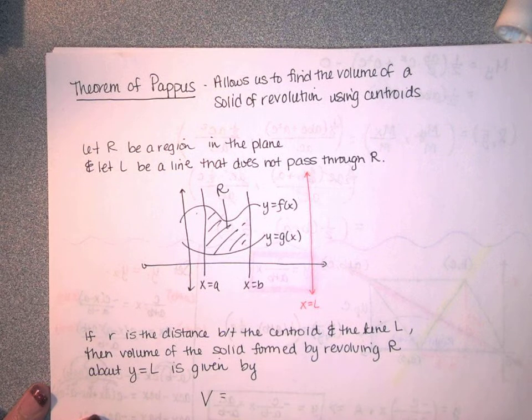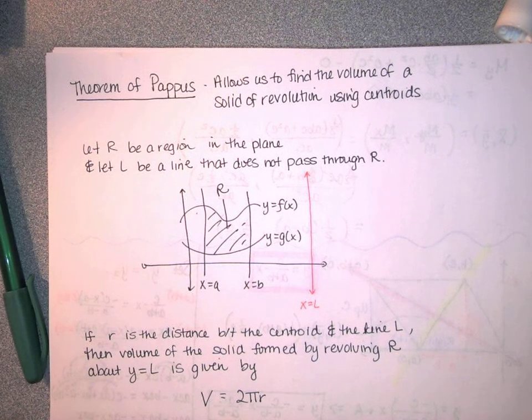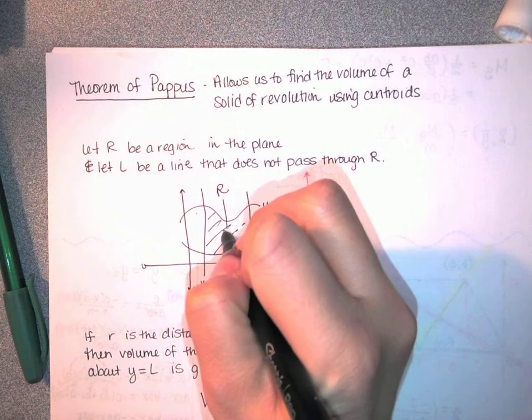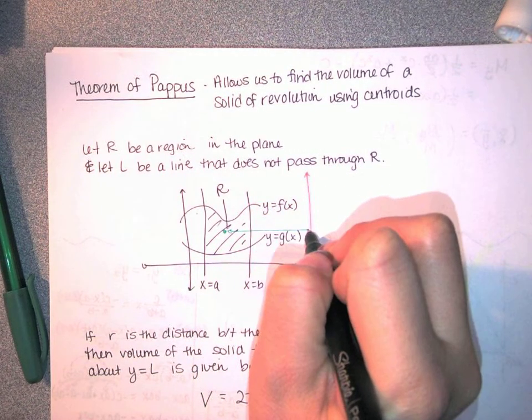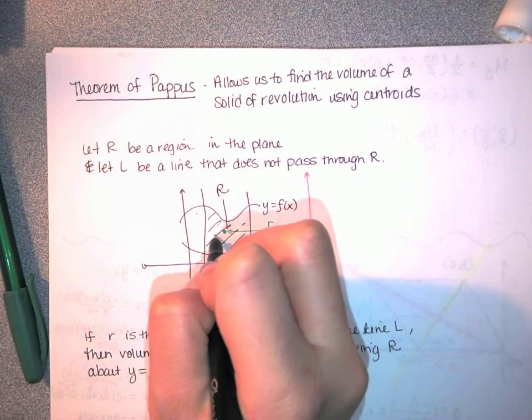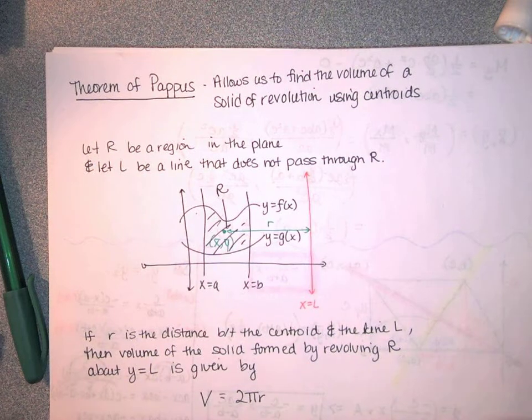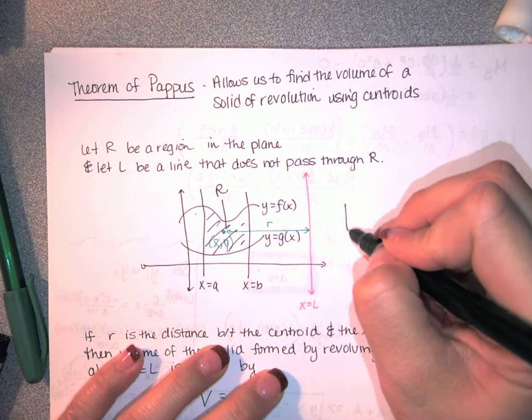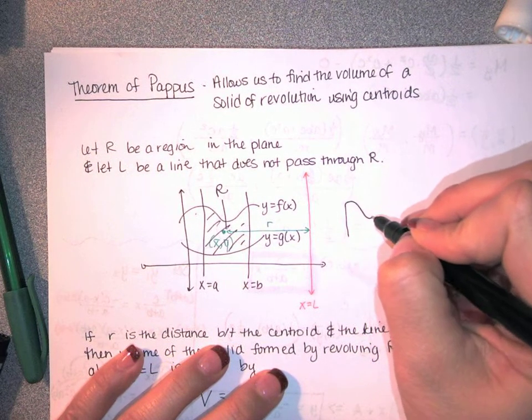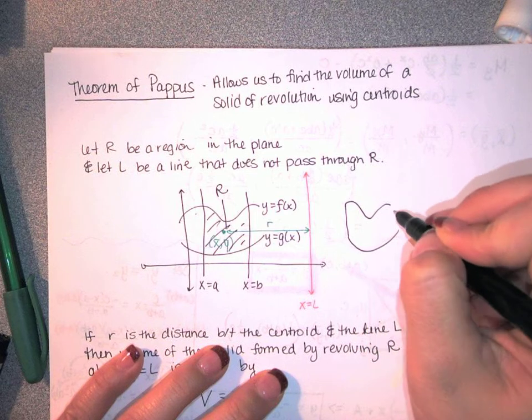Volume is just going to be 2 pi times the distance R, so that is an average radius of this solid of revolution. So if this is our centroid, let's say it's there, this is the distance R, so it's going to have coordinates x bar, y bar, and we rotate that about this axis, so we're going to see maybe something that looks like this over here.